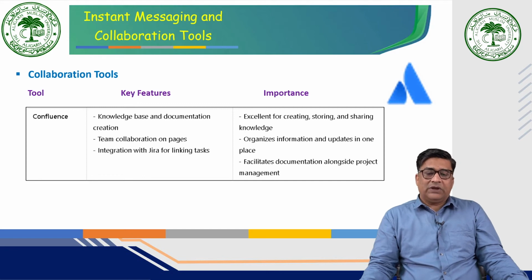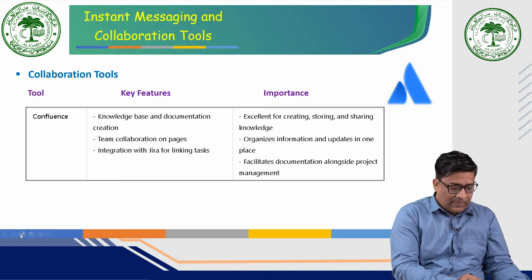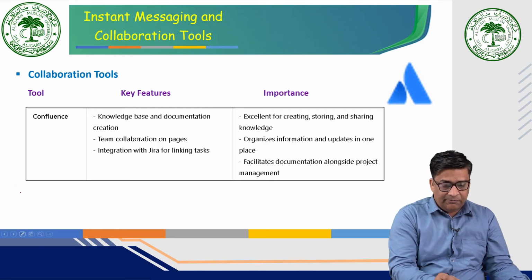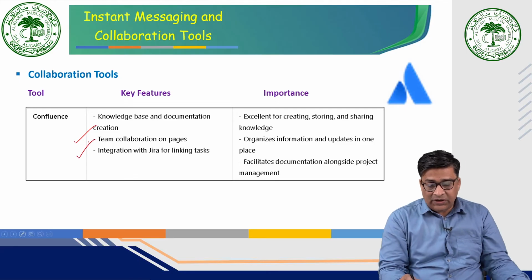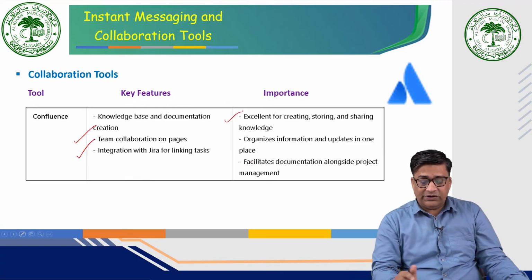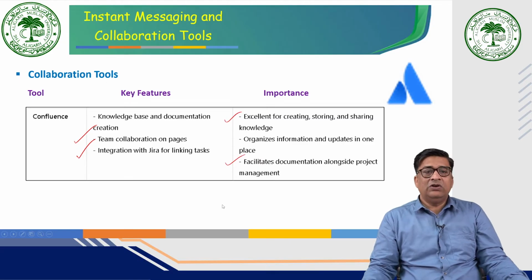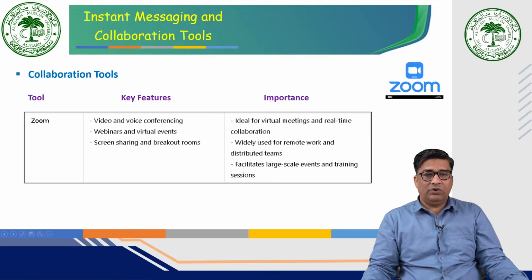This tool has many features, as you can see here. All these are highlighted here: team collaboration on one page, integration with Jira, and excellence for creating, storing, and sharing knowledge, facilitating documentation alongside project management. So this is again a very good project management tool.